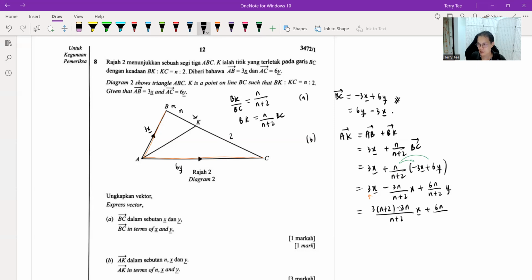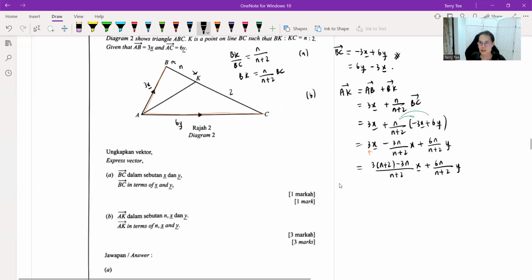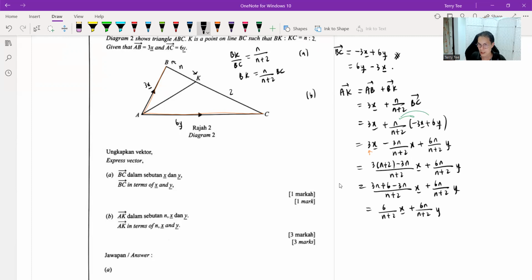This is 6n over n plus 2 y. Okay, now let us expand this bracket. 3n plus 6 minus 3n over n plus 2 x. This is 6n over n plus 2 y. Your answer is 6 over n plus 2 x plus 6n over n plus 2 y.